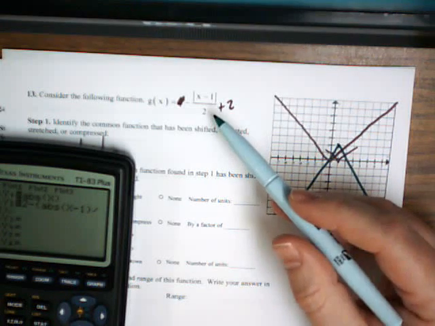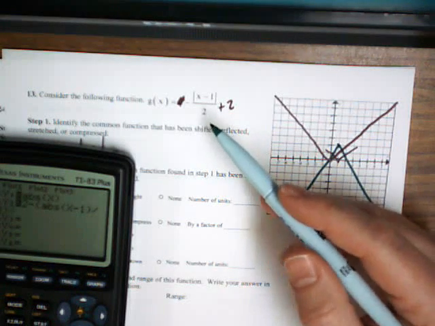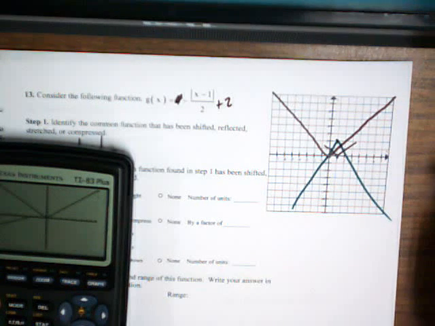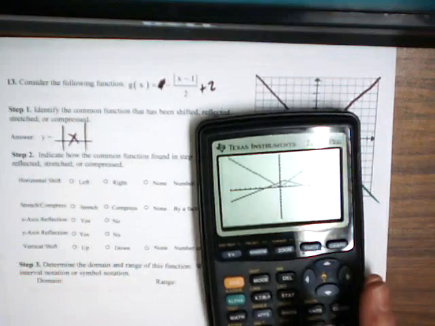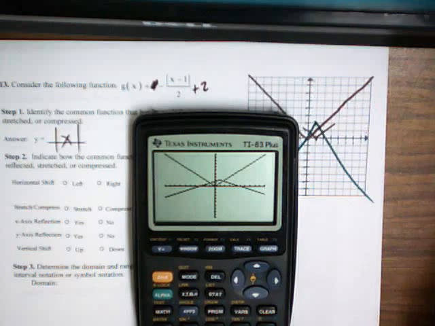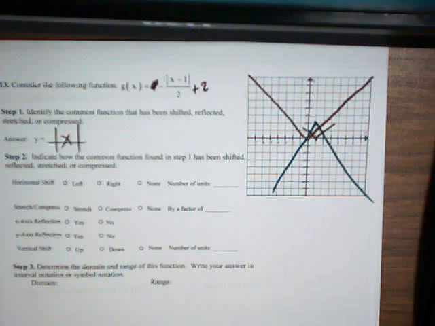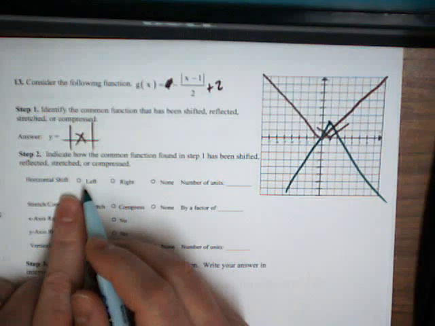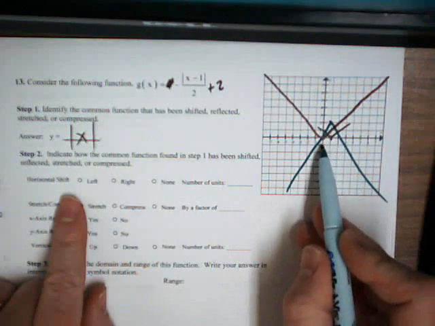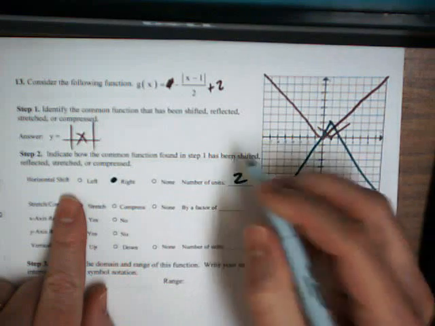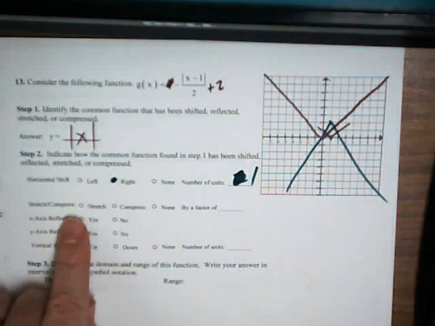And the 2 there is either going to make it narrower or wider. Which one did it do? Compressed it? Okay. So, did it shift horizontally? Yeah. It went to the right 2 units. I'm sorry, 1 unit.